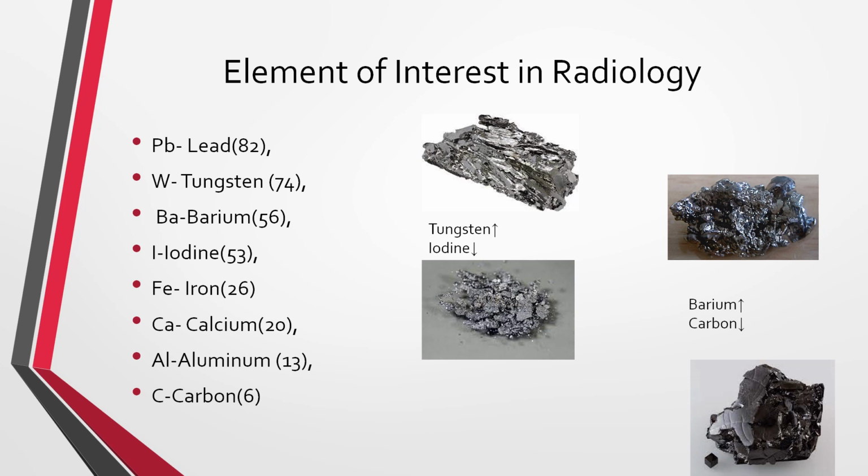But the elements of interest in radiology are Pb, the symbol for lead, which is 82, tungsten, barium, iodine, iron, calcium, aluminum, and carbon. And you can see what they look like in their raw form on the right there.